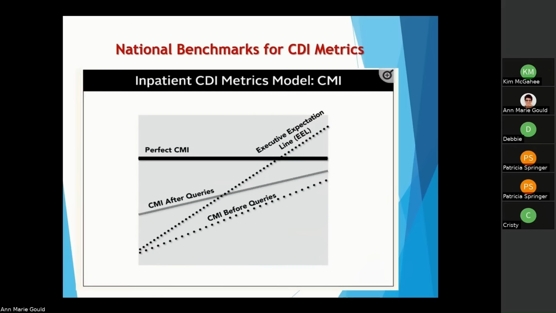So from a CDI program standpoint, the metrics are key in looking at how well your CDI program is working in that particular facility. We query, yes, that's what we do. The CDI specialist will send queries or physician provider clarifications, whatever you want to call them, in order to not only improve the CMI overall for the hospital, but also improve the quality of care for that patient.